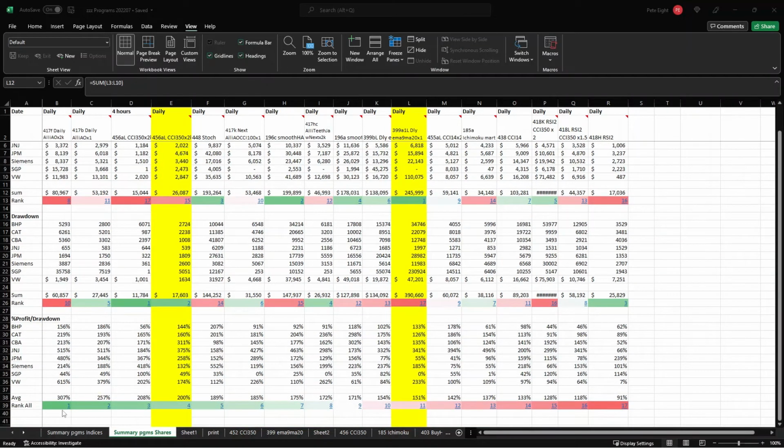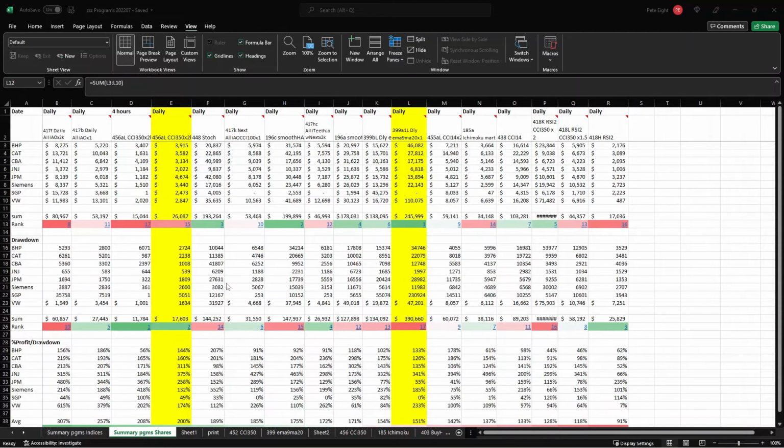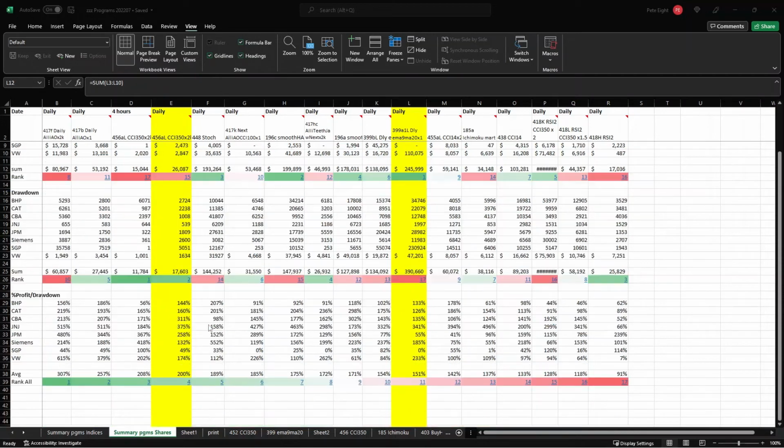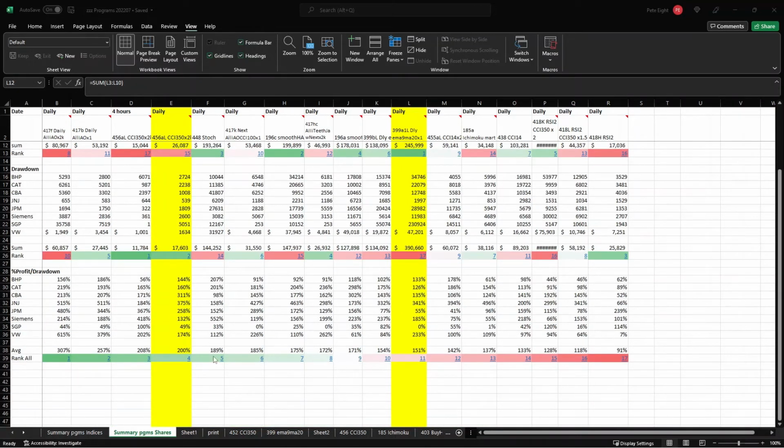So even though that scored number 1, I'll give you a bit of a hint here. The Stochastic strategy, which I put out a video on recently, and the full video is in the description below as well, has a profitability of 193 with a drawdown of 144. So it's got a pretty high profit over drawdown value of 189%. So it scored 5th overall.